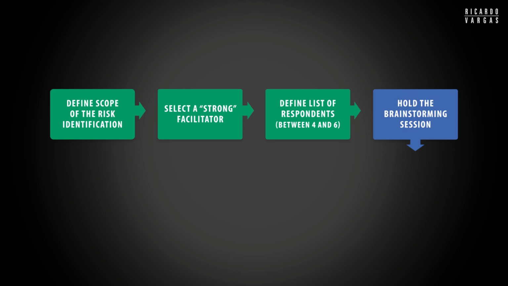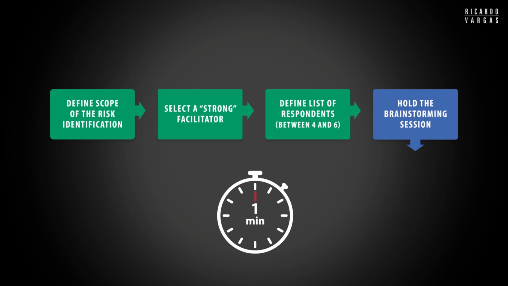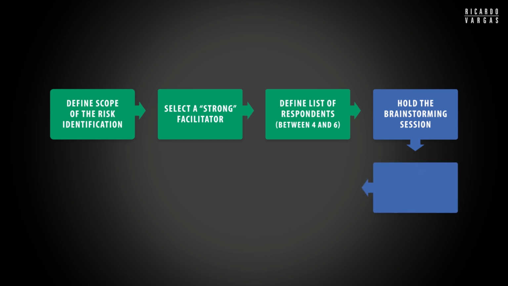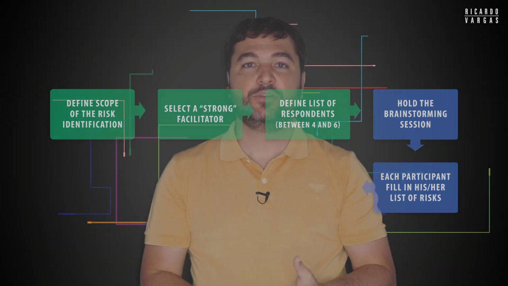And then every person will have 1 minute, let me repeat, 1 minute to write one risk on a post-it note. If it takes you 1 second, you will wait 59 seconds.